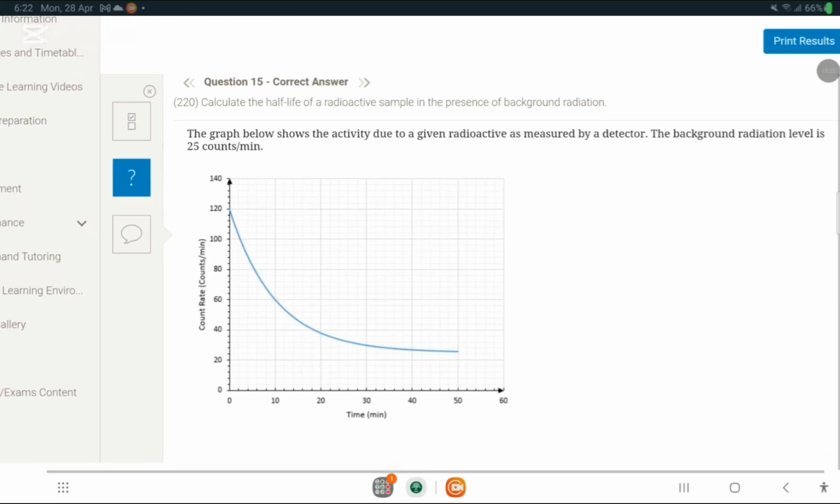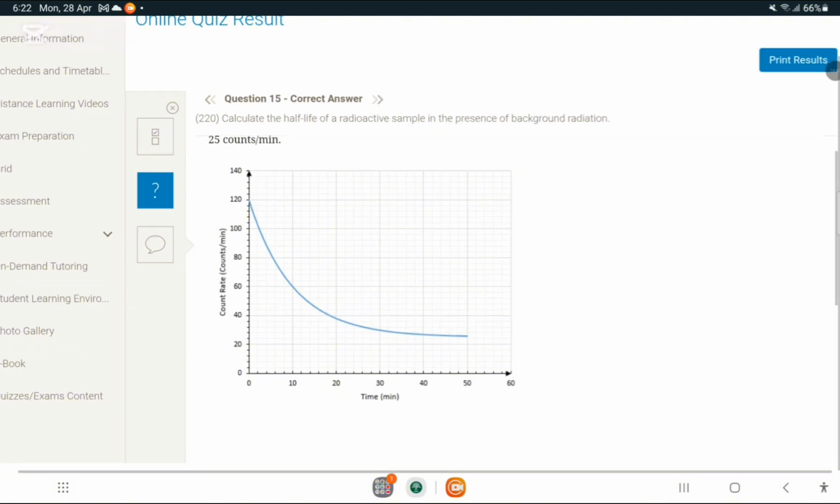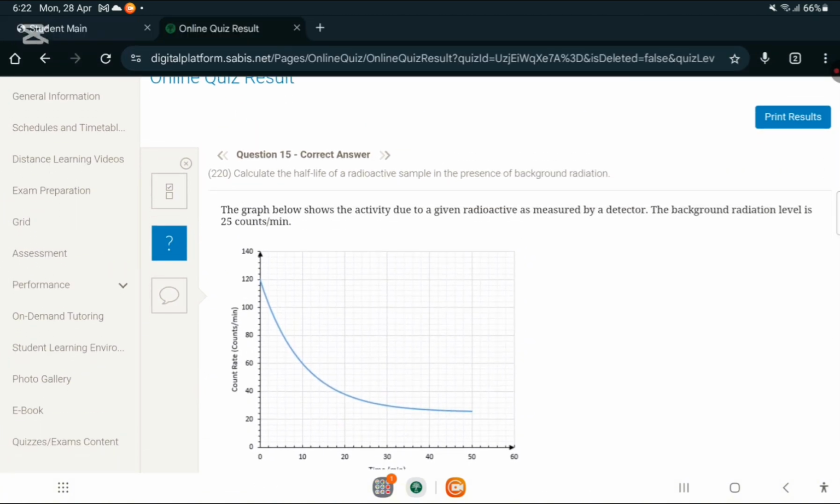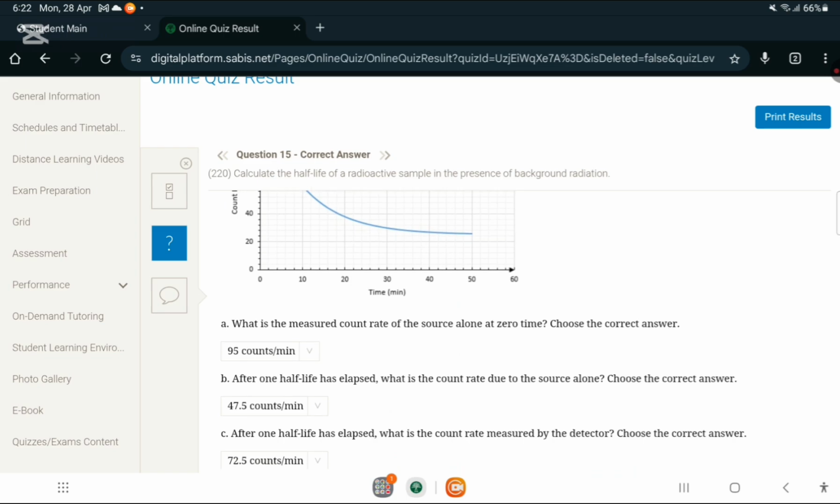Okay, for this one, the graph below shows activity due to a given radioactive source as measured by a detector. The background radiation level is 25 counts per minute. What is the measured count rate of the source alone at 0 time?